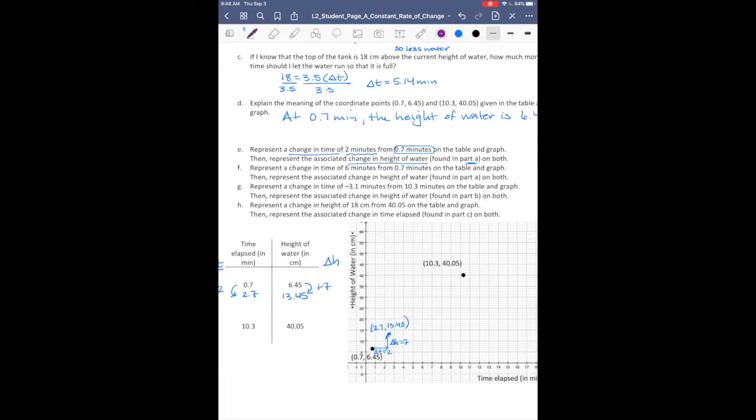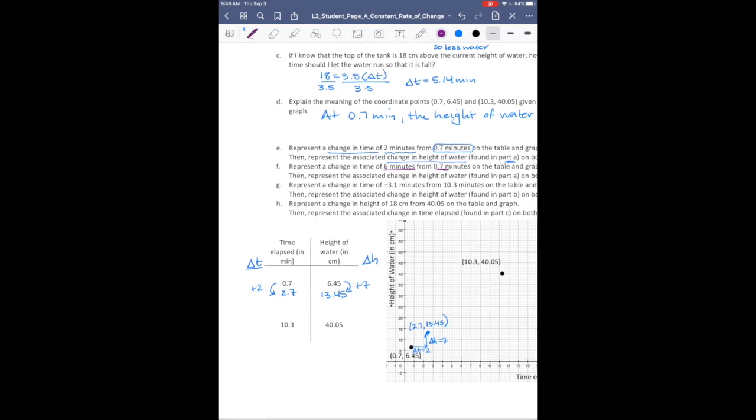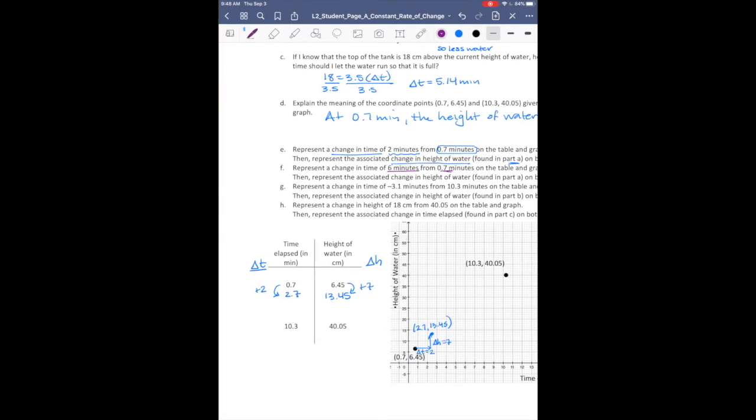So part F says represent, still a change in time, but now of 6 minutes, and then we're still going from this 0.7. So really we're going to have to go back up to this original point. So on my table, at 0.7 minutes, I'm going to go up now by 6. So again, from 0.7, if 6 minutes went by, now we'd be at 6.7 minutes.